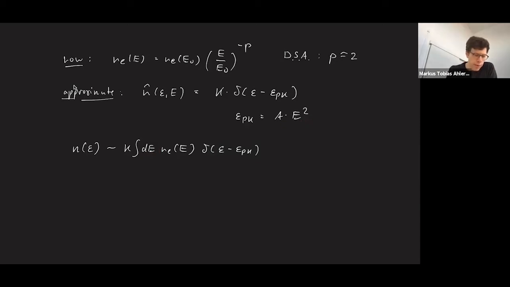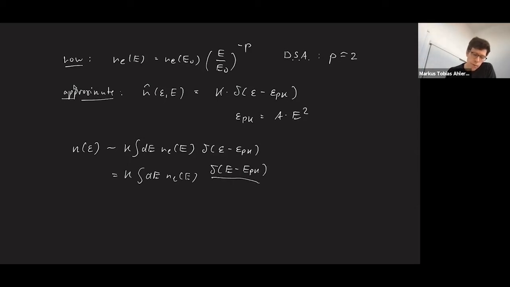So I can rewrite this also as K delta E N E E. And now I convert this delta function in epsilon to a delta function in terms of the electron energy. So this is just E minus the corresponding peak energy of the electron.